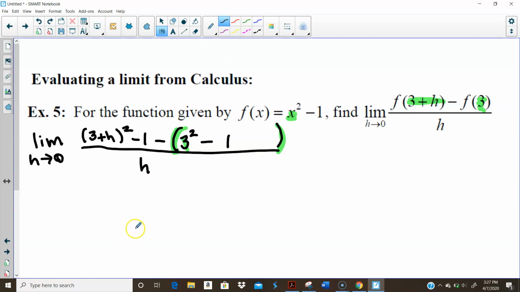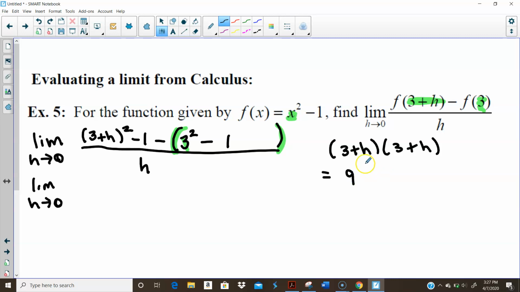Now we're going to go ahead and simplify what we have. So I'm going to leave my limit, the limit as h approaches 0. And I've got 3 plus h squared. So that means I have 2 of those, 3 plus h times 3 plus h. And so that's going to equal, first times first is 9. Outside inside's 3h plus 3h is 6h.